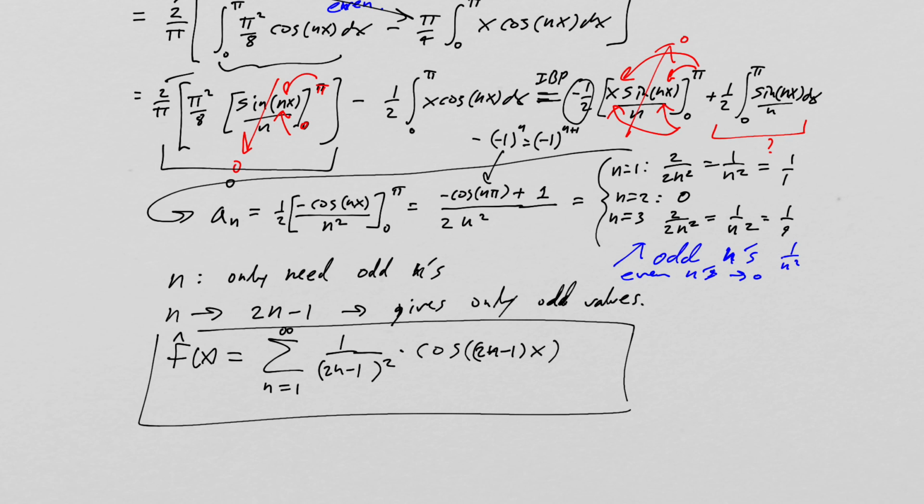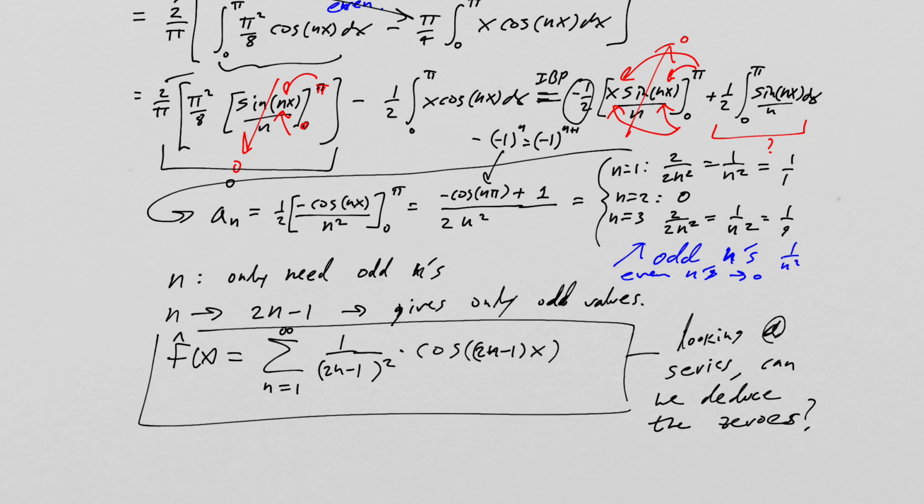And now what I want to do is ask another question. I want to ask a question about looking at the series. Can we deduce the zeros? Or at least, we know the zeros, though. We know that x equals plus or minus pi over 2, because we determined that from the graph.